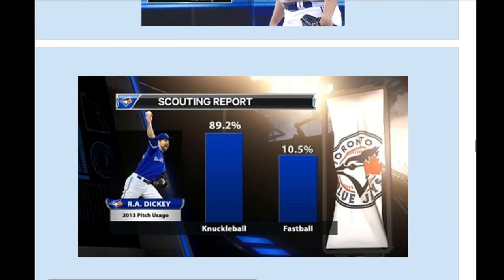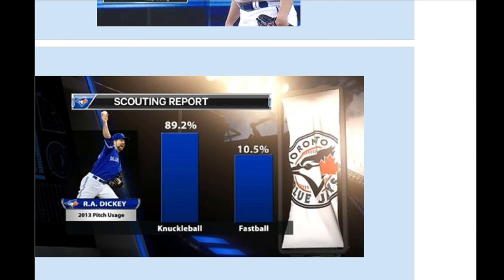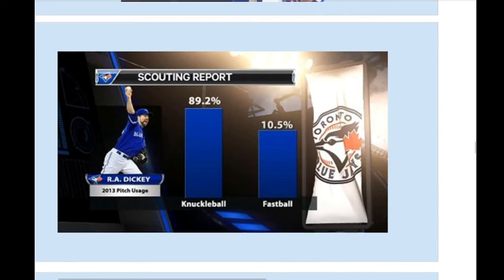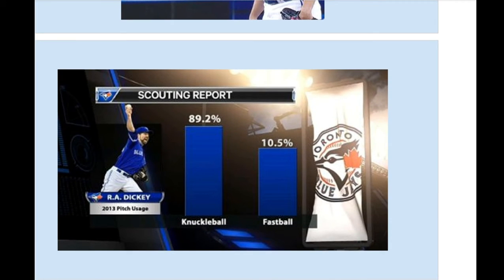Looking at the next one, a scouting report of the usage of certain pitches, we see the knuckleball is 89% and the fastball is 10.5%. So this one is a little bit more obvious, because looking at the numbers, we know that's not true.